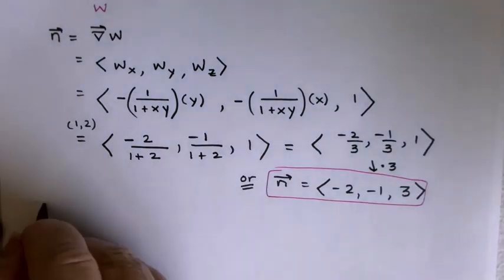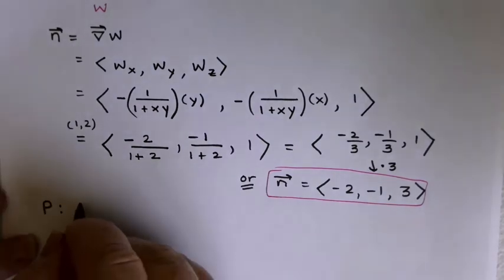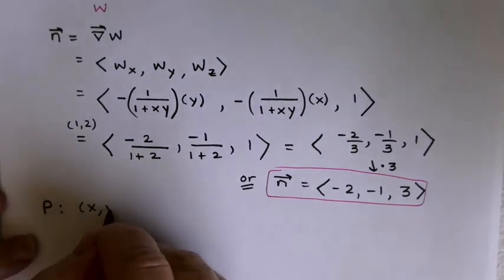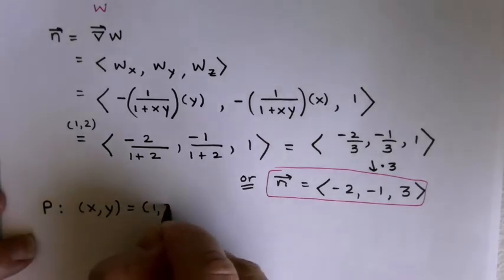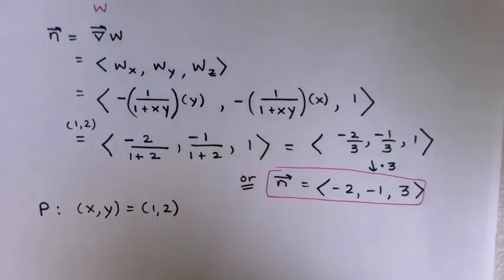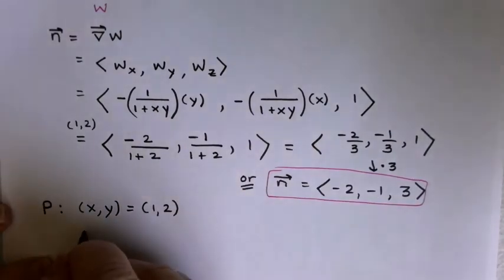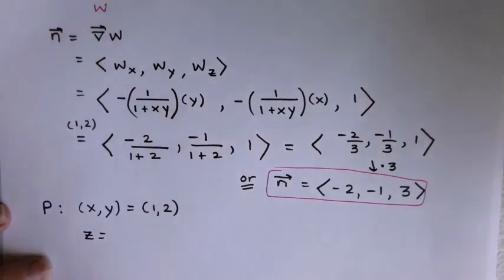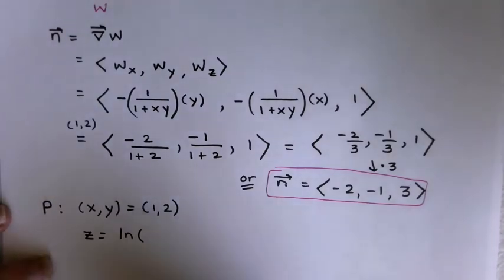All right, a point, P. I was specifically given x and y, right, as 1 and 2, but I do need a z value to go with that. This is a three-dimensional normal, so I need a three-dimensional point as well. So I would have z equals, remember it was the natural log, I'm just going back to the beginning, natural log of 1 plus xy.